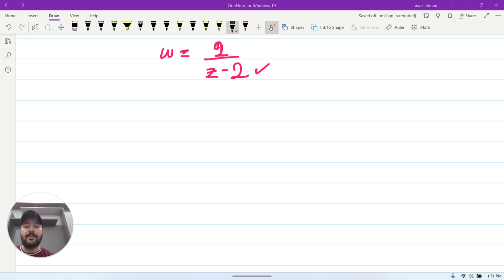So our question is, we have to eliminate the numerator of the question. For that, z minus 2 would be multiplied on both sides. So w(z minus 2) is equal to 2. Then it would be cancelled out here if you multiply it.